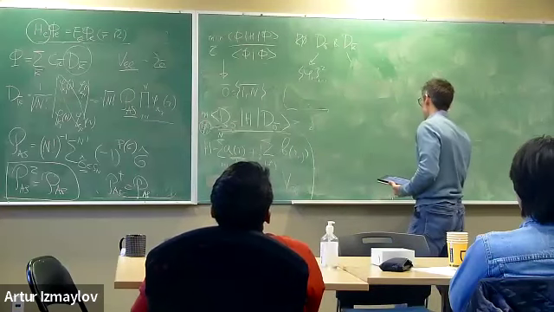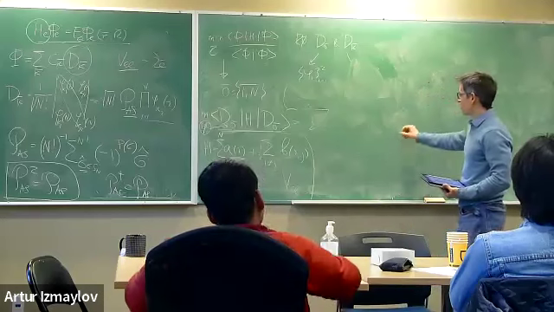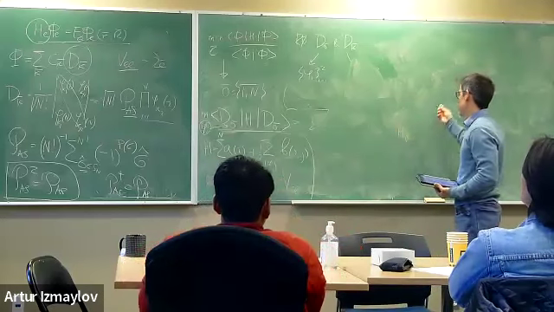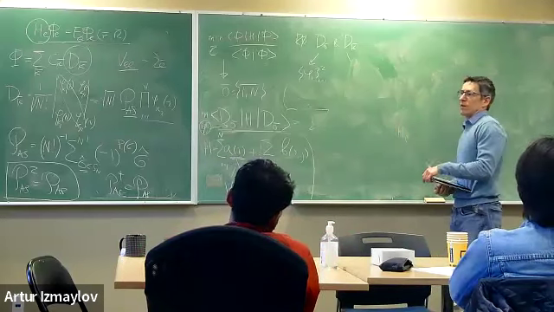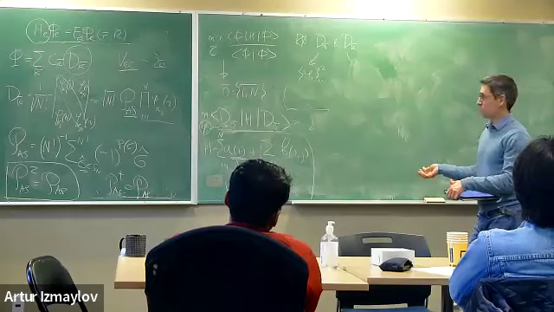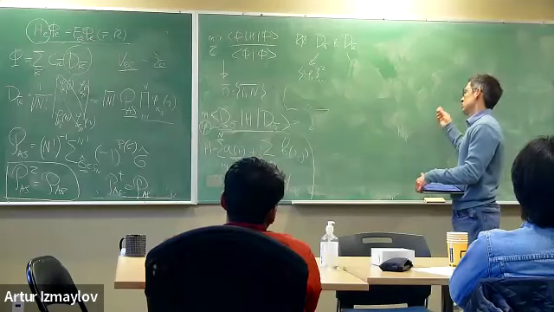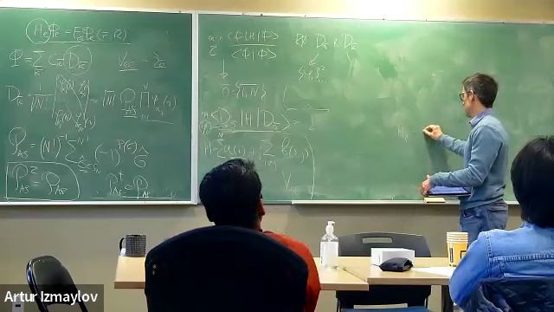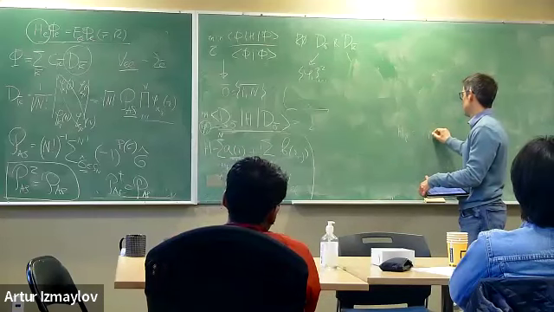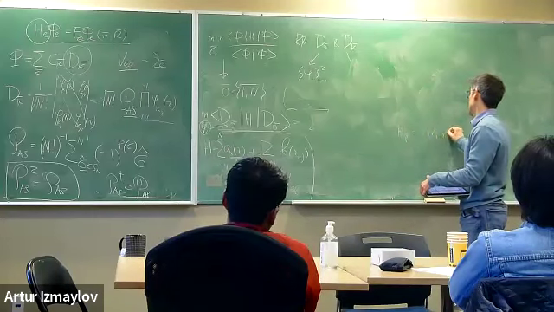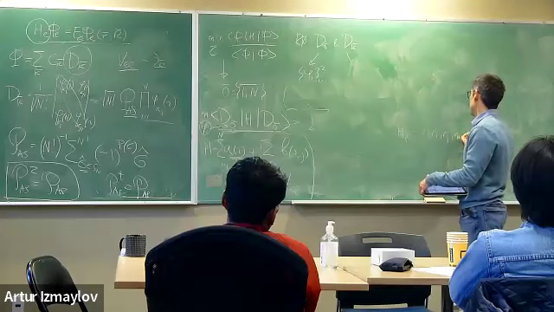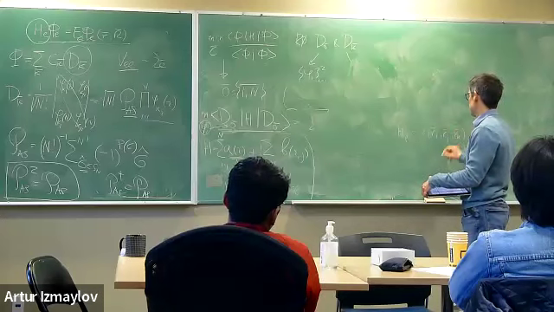Because imagine the Hamiltonian needs to be symmetric with respect to exchange, and let's imagine you have a function in it which has r_i, r_j, r_k dependence, right?